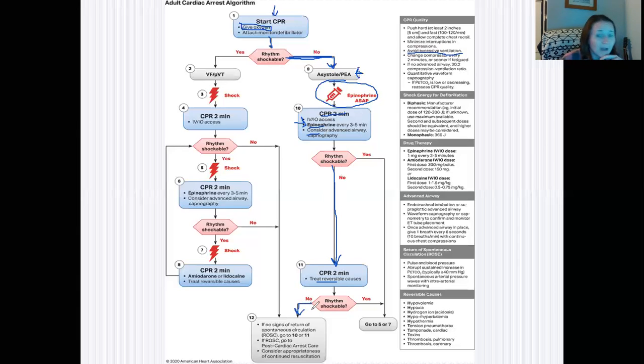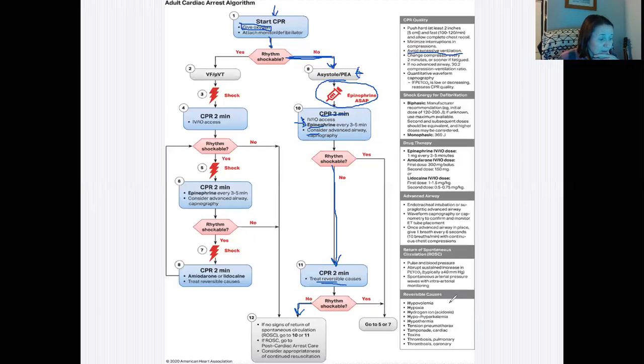Literally what you've got in your toolbox, if you're in asystole or in PEA, is epinephrine and CPR. That's what you've got. So you're going to be getting your advanced airway in. You can give epinephrine every 3 to 5 minutes.